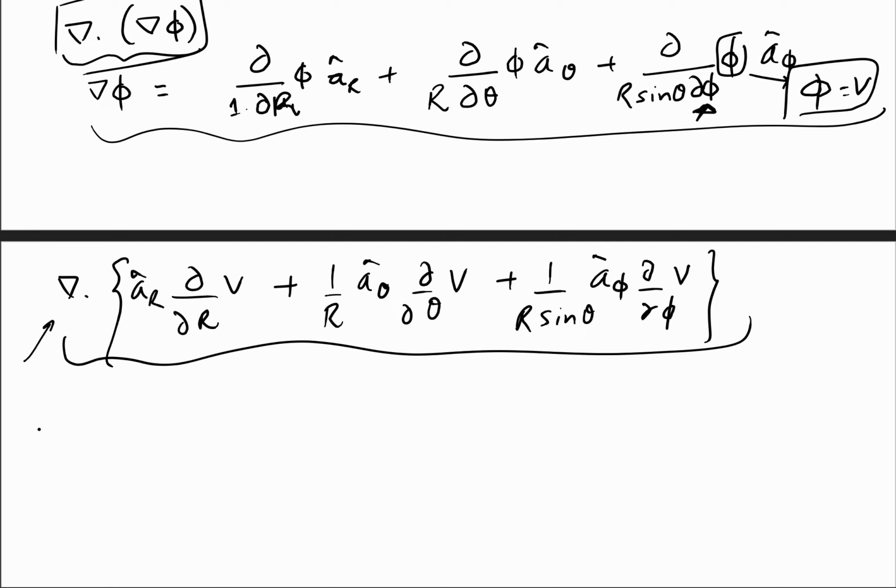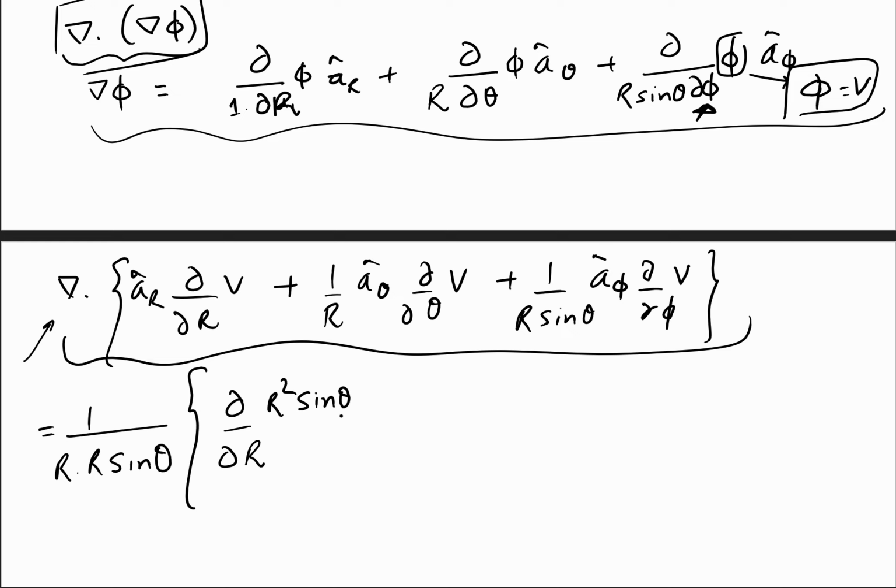So I will put the value of divergence now. I will get 1 by r into r sine theta into dou by dou r of h2 h3, that is r square sine theta, dou by dou r of v, plus dou by dou theta.